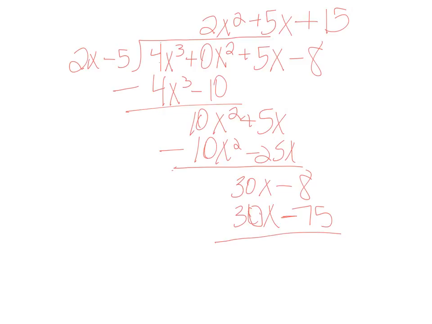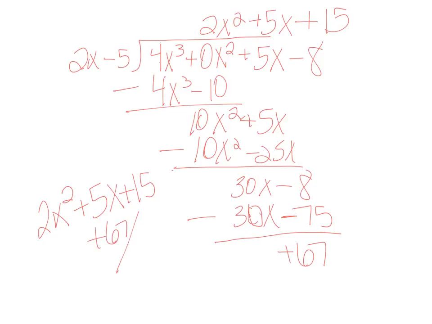So negative 8 plus 75. Because it's minus. So my answer is 2x squared plus 5x plus 15 plus 67 over 2x minus 5.